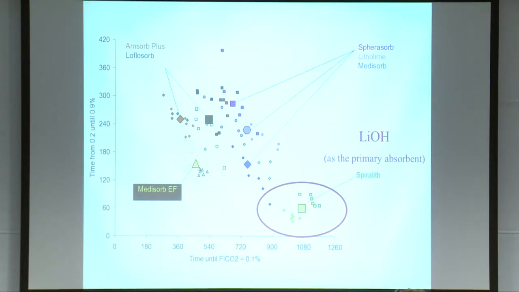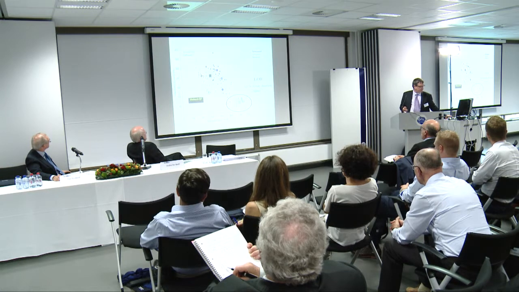So for the Spiralit here, 1,080 minutes before it starts to exhaust, but once it starts to exhaust, you see it only takes 60 minutes or less, half an hour, for the FiCO2 to increase from 0.2 to 0.9%. Again, this is lithium hydroxide, where lithium is used as the primary absorbent.